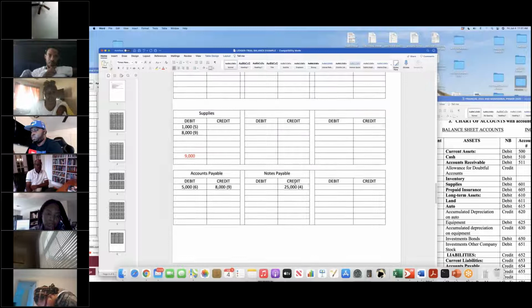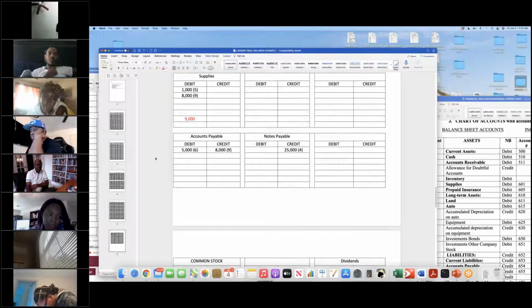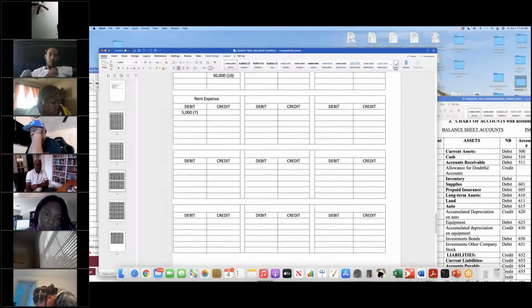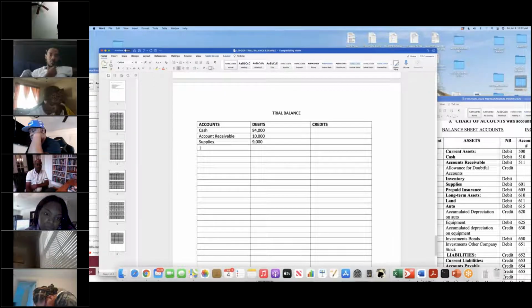Now we come to accounts payable, a debit of 5, a credit of 8. So it'd be 3,000 credited. Notice we're keeping them in order.